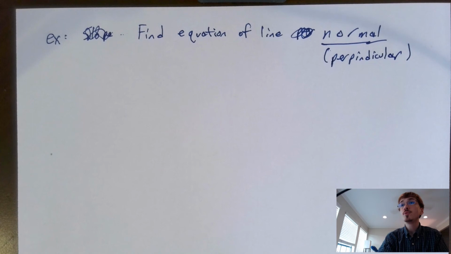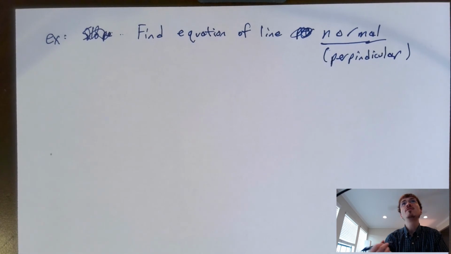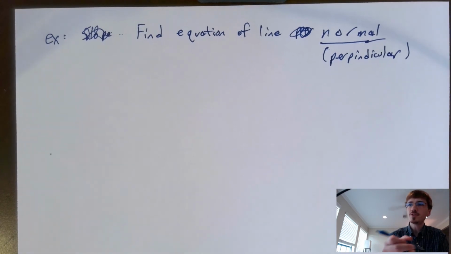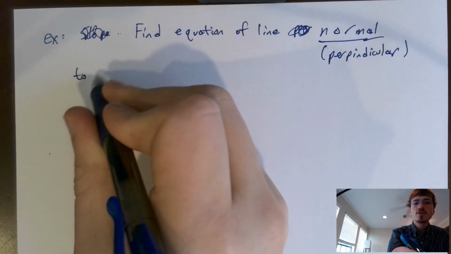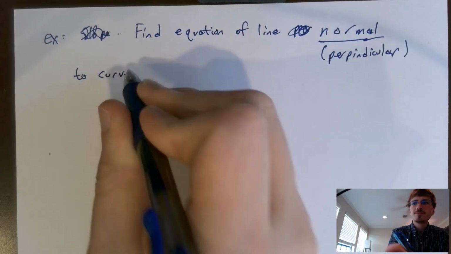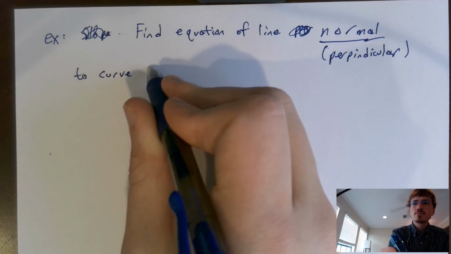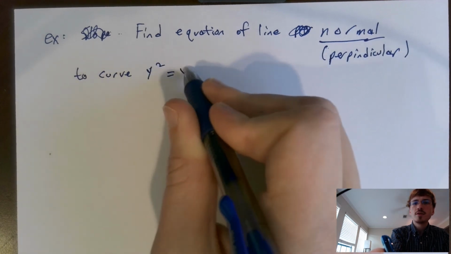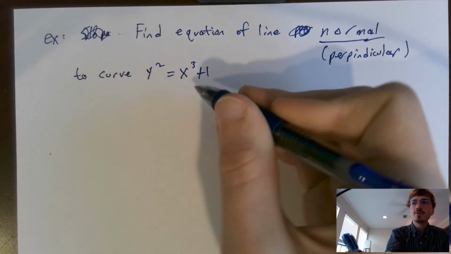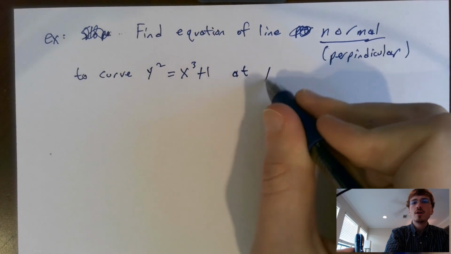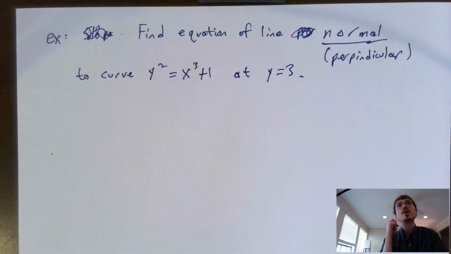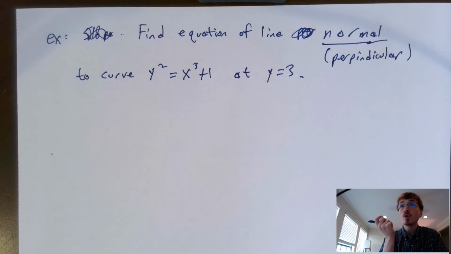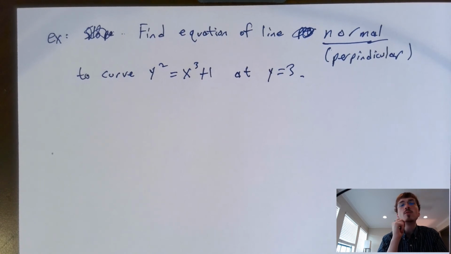So anytime that you see the word normal, it just means perpendicular. Find the equation of the line perpendicular to the curve y squared equals x cubed plus 1 at y equals 3. And this looks kind of funny. Find the equation of the line perpendicular, or normal, to the curve y squared equals x cubed plus 1 at y equals 3.